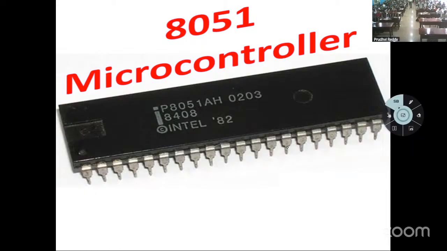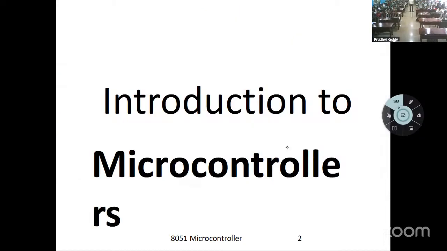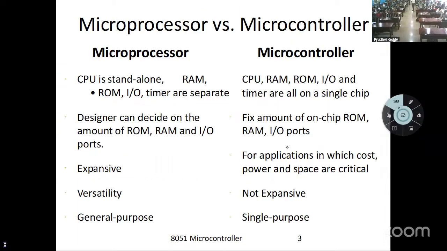So the 8051 microcontroller. Here we'll now discuss the basic differences between the microprocessor and the microcontroller. See, some basic differences. The first point is the microprocessor. Here, this is the microprocessor. The CPU is standalone.